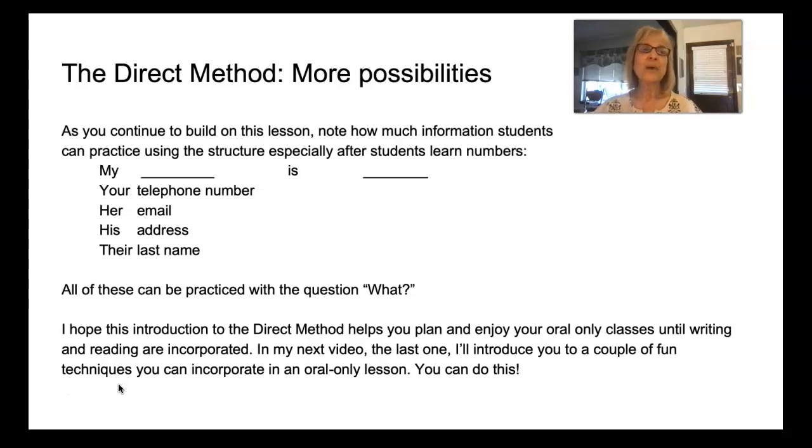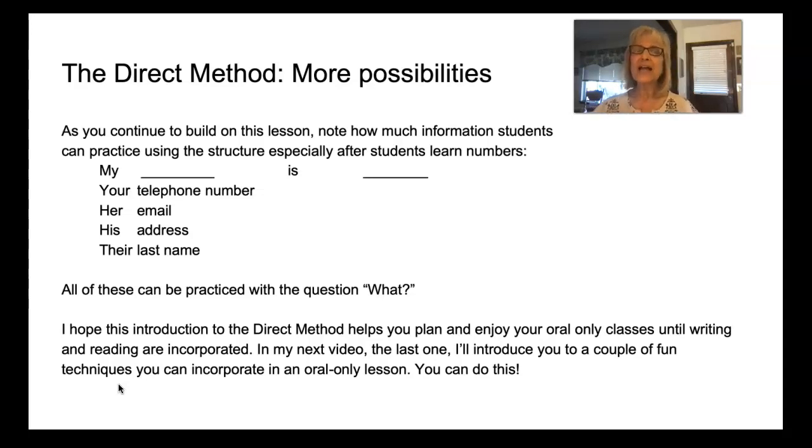Telephone number, my email is, his address is, their last name is, your telephone number is, whatever. You can really build on this, and all of these can be further practiced with the question word what, naturally in the classroom with students sharing information with you and with each other.